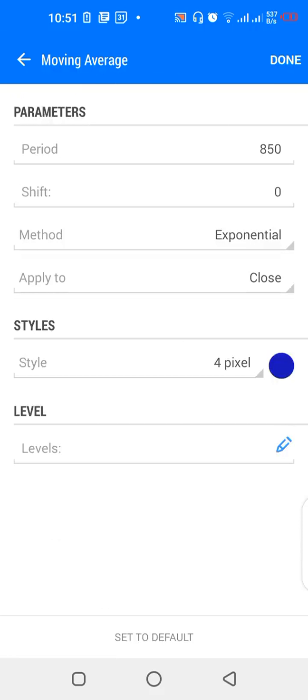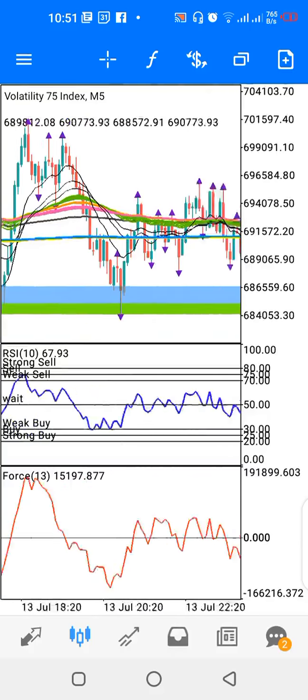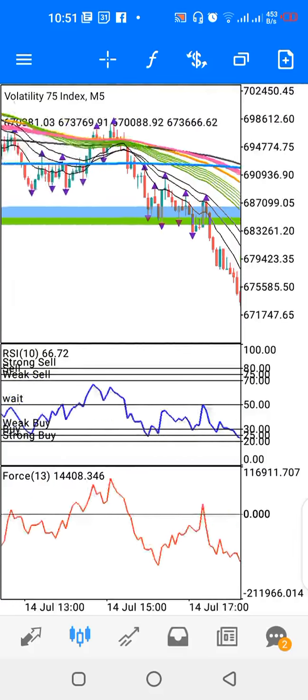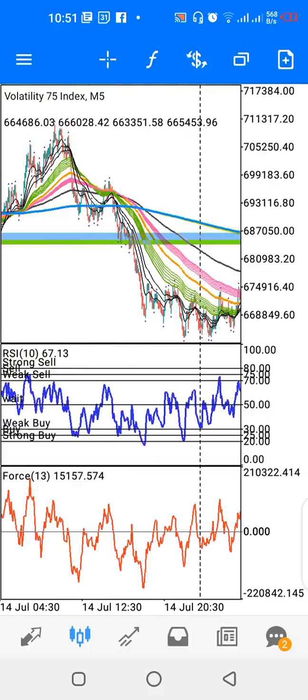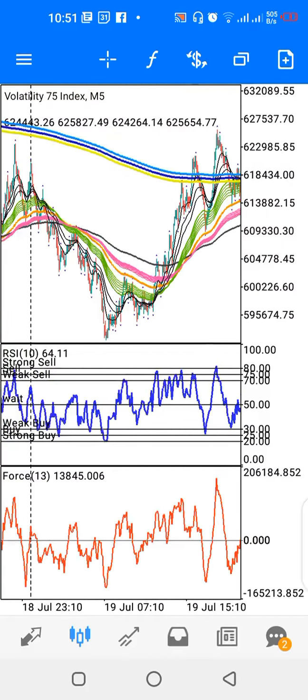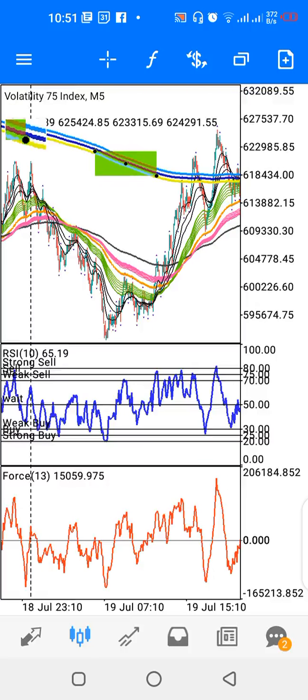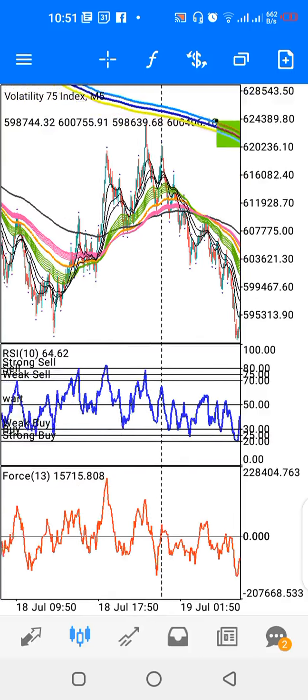The 875, 850, and 825 EMAs are the trend lines I mentioned some time ago. Let me show you. Yeah, these are the trend lines. When other lines cross above these lines, you have bullish trend development. When other lines cross below, you have bearish trend development.